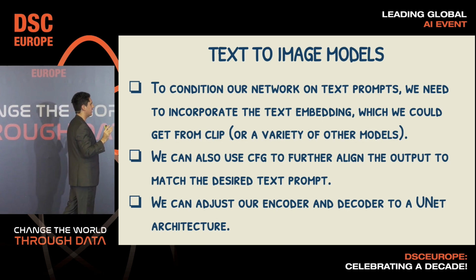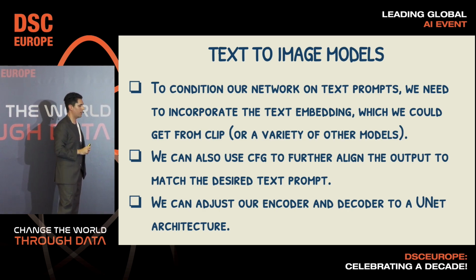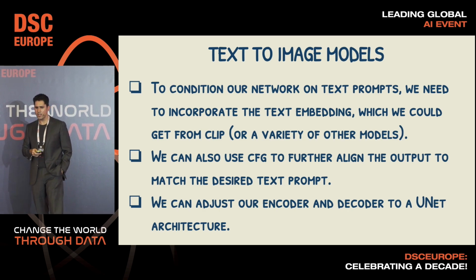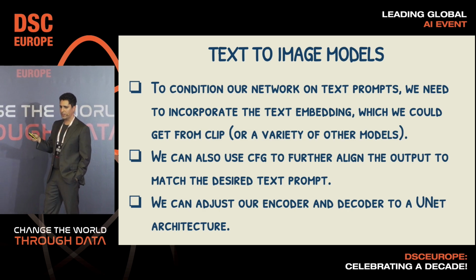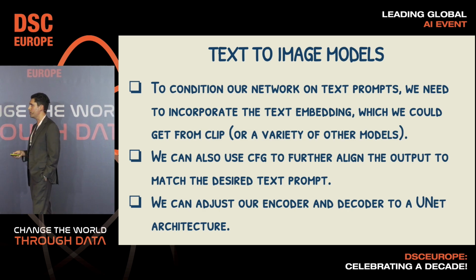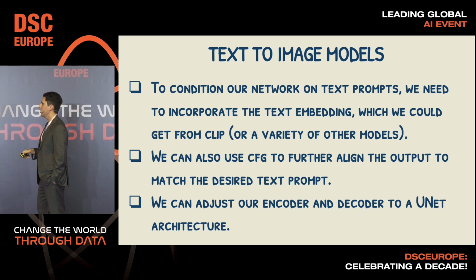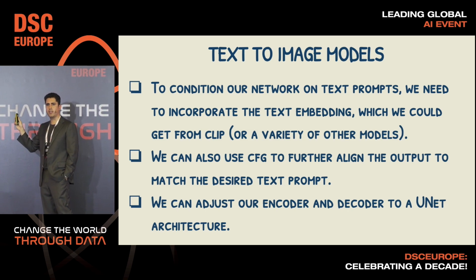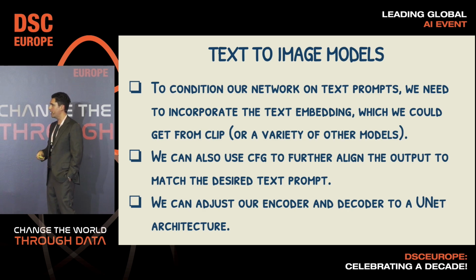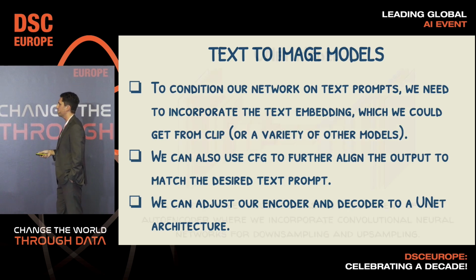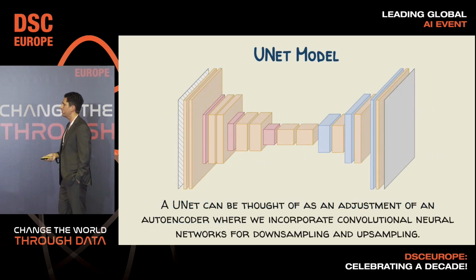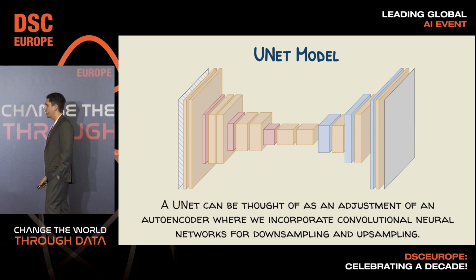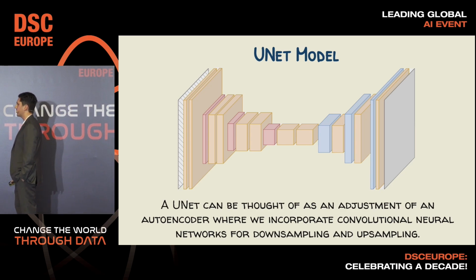And that will actually help us align the output to match the desired text prompt. And then we can also adjust that encoder and decoder to a UNet architecture. So remember, I described the fact that we have some model that's producing that noise to be removed. In the old school original papers, they decided they would use a UNet model, which has had a lot of success in other computer vision tasks.